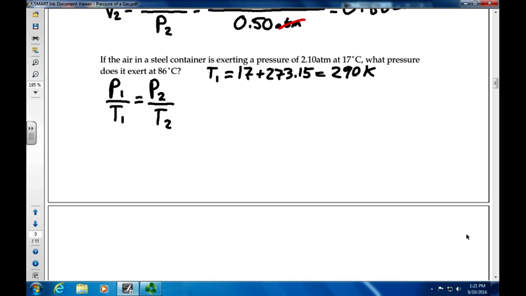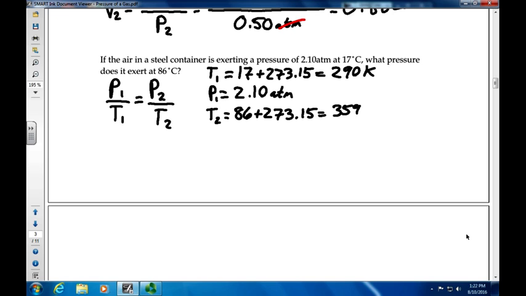Our initial pressure is equal to 2.10 atmospheres. And our final temperature is equal to 86 degrees Celsius, which means we're going to convert that to Kelvin, which would be 359 K.